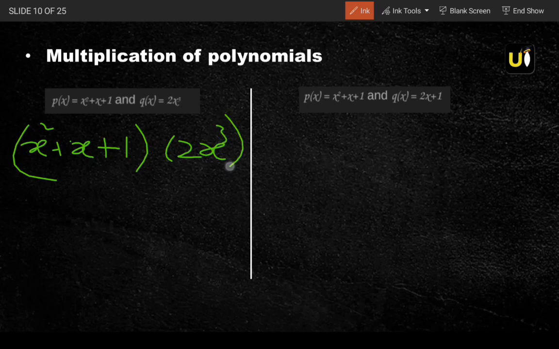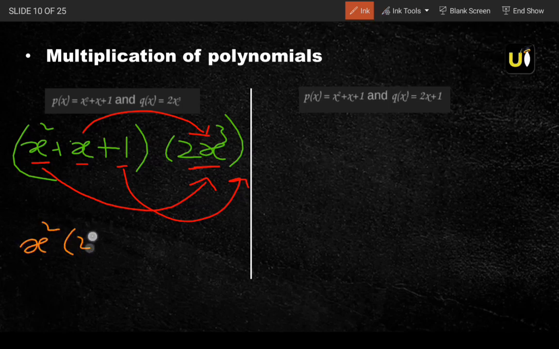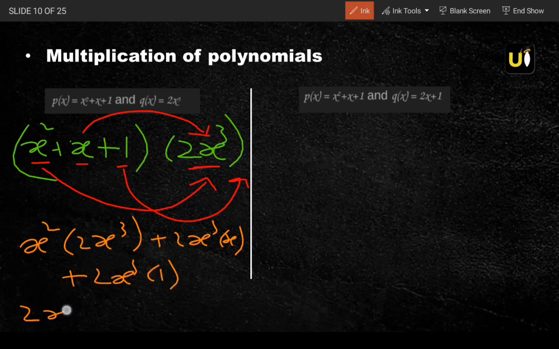So we will multiply x square with 2x cube, x with 2x cube, and also 1 with 2x cube. That means x square into 2x cube plus 2x cube into x plus 2x cube into 1. That means 2x power 5 plus 2x power 4 plus 2x cube.